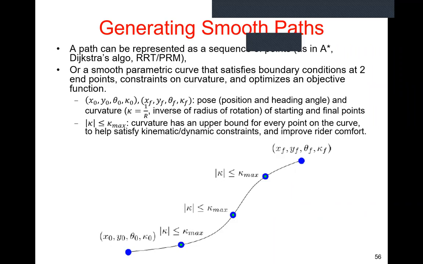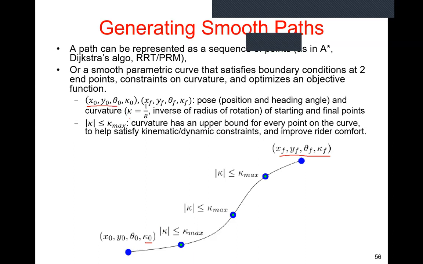So here's a two-point start and end goal location. Start, you have to have a pose of x0, y0, theta 0, and curvature kappa 0, and goal of xf, yf, theta f, kappa f, where curvature kappa is the inverse of the radius of rotation.